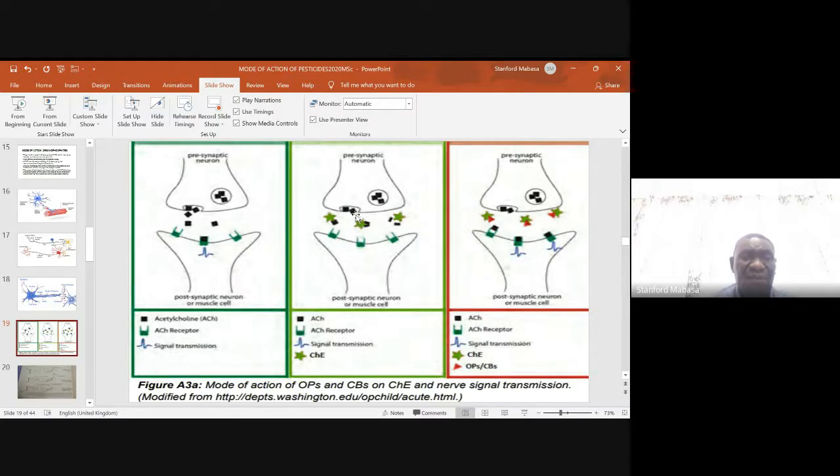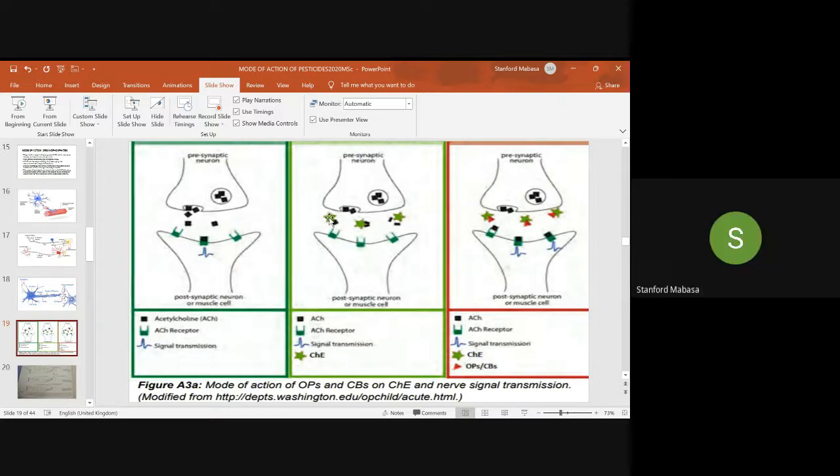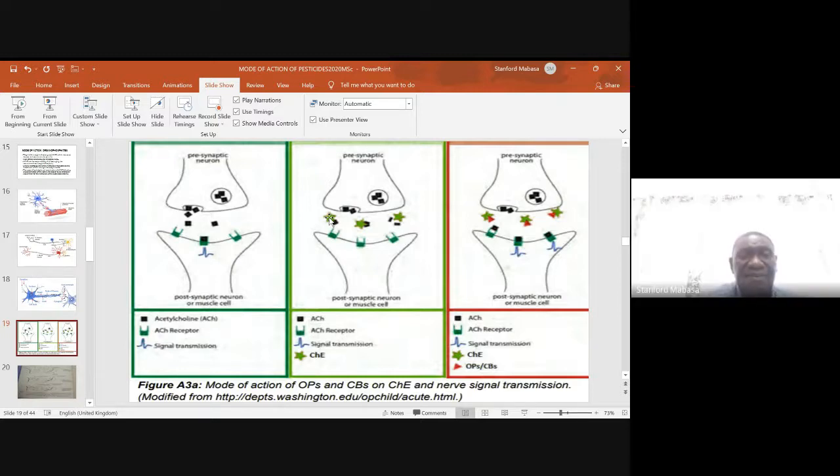So what exactly happens is that you have acetylcholine, that box, and that star, which is the enzyme, so that the signal has to be passed on.